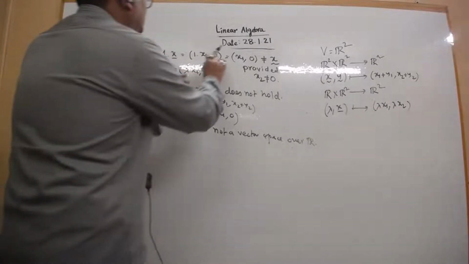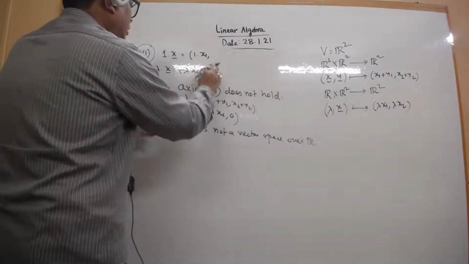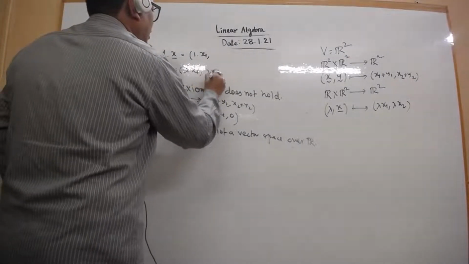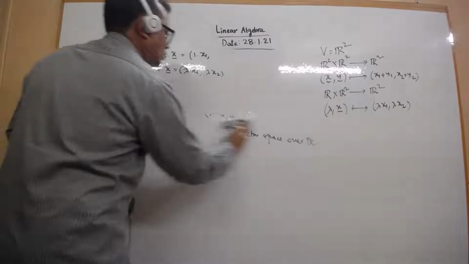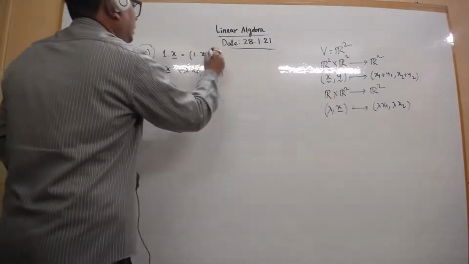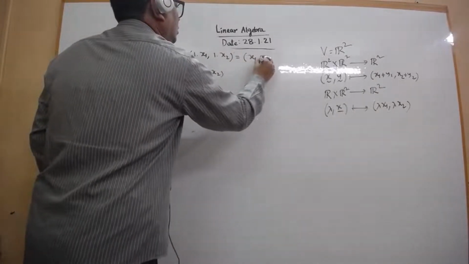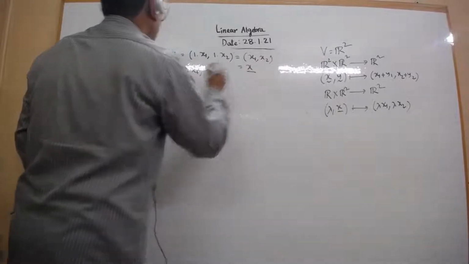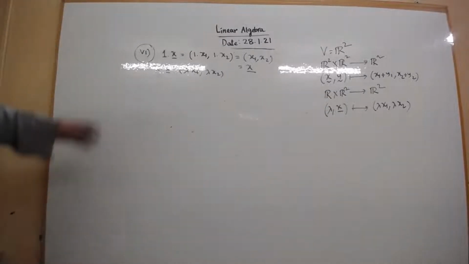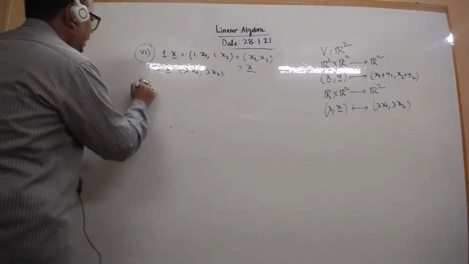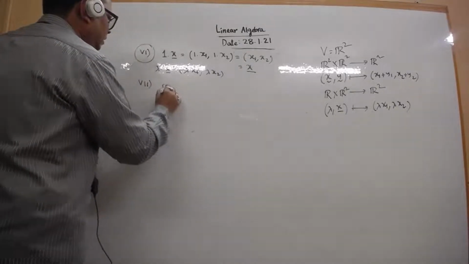In that situation, according to the definition, it should be lambda x2, so it should be x curl. Hence axiom 6 holds.